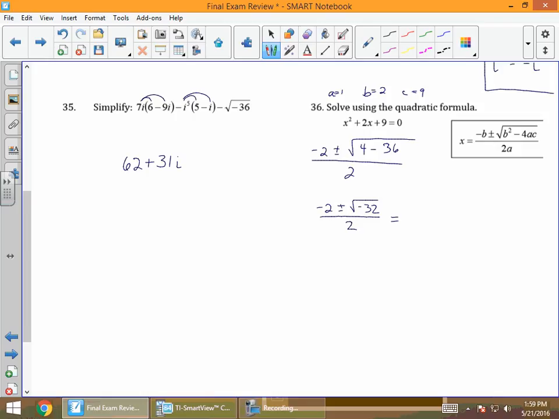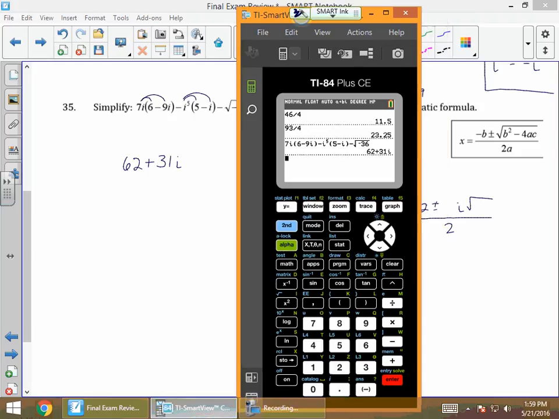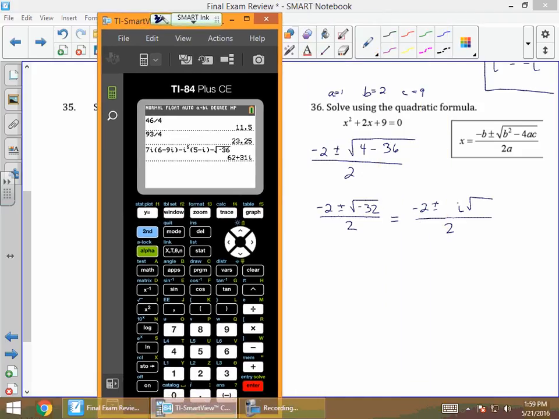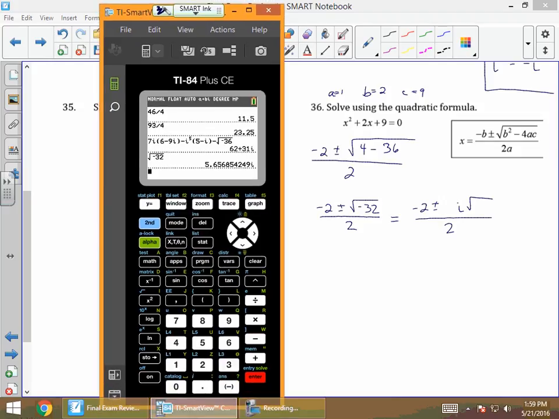The square root of negative 32, I know this, it's going to be something i. So let's grab the calculator. Square root of negative 32. When I type it into the calculator, you'll notice it gives a real ugly decimal. That's because it's irrational.